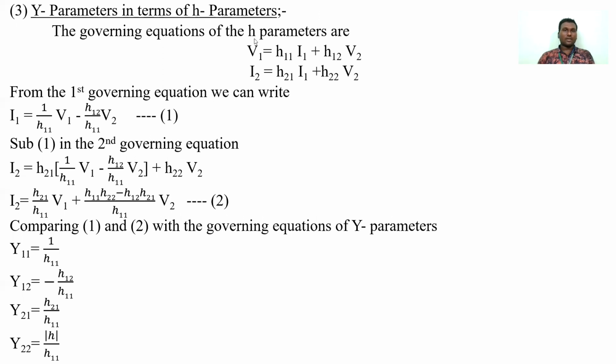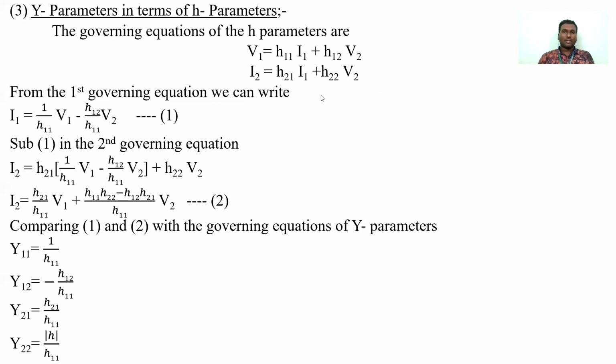So the governing equations of h parameters are what? The governing equations of h parameters are these. You know, V1 is equal to h11 I1 plus h12 V2, and I2 is equal to h21 I1 plus h22 V2. So you have to bring these equations in such a way that they are similar to the Y parameter equations.